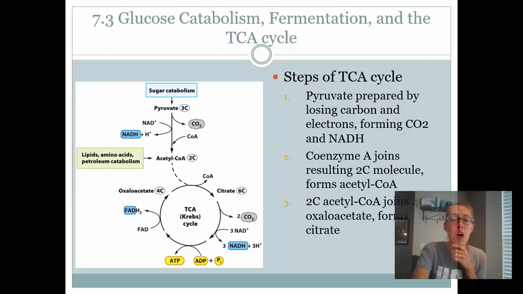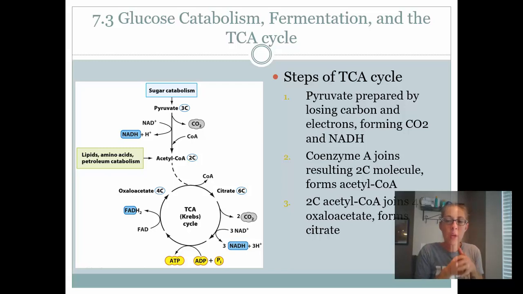Now, since we've pulled off one of our carbons, we're left with a 2-carbon molecule. And so a coenzyme A comes in and picks it up. The resulting molecule, when coenzyme A ushers that 2-carbon molecule in, is called acetyl-CoA.